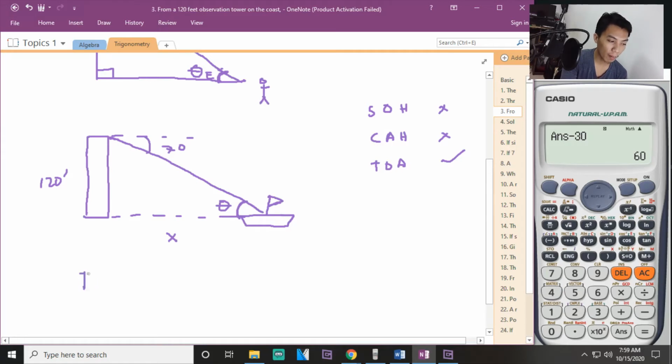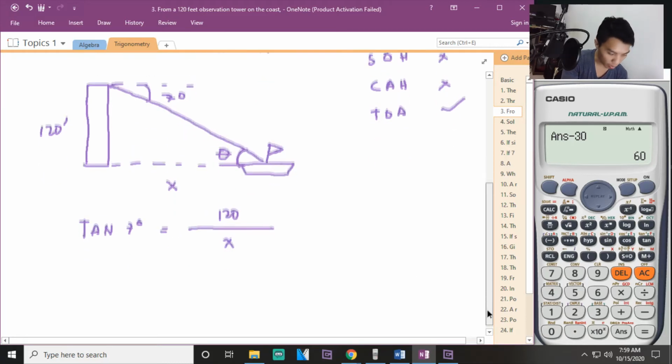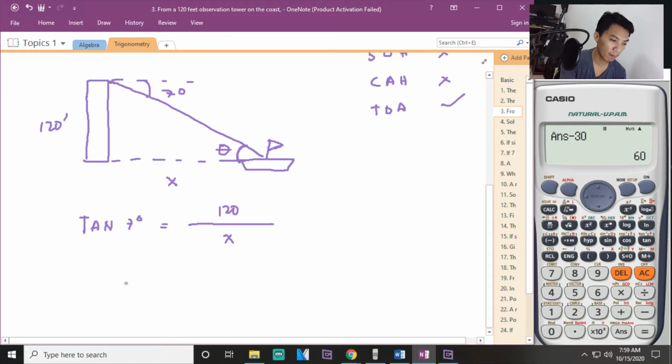TOA, tangent 7 degrees is equal to opposite over adjacent. So, 120 over x. Now, we can find the value of x. X will be equal to 120 divided by tangent 7.